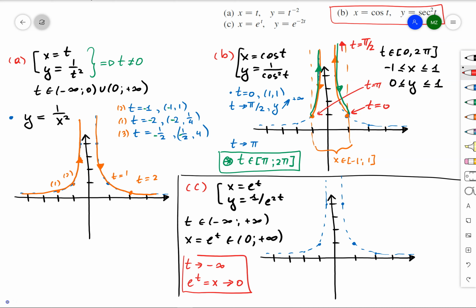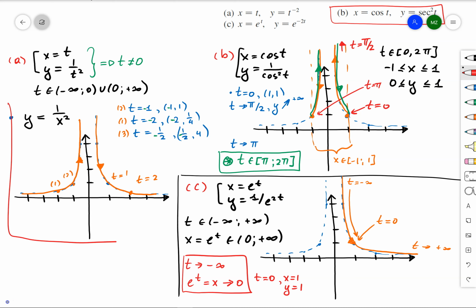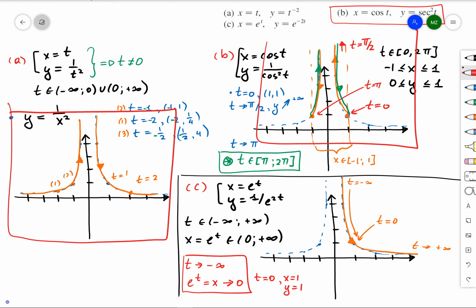And when t approaches negative infinity, then x approaches 0. So when t is equal to 0, we're going to be at point (1, 1), and we're coming from the top along the y-axis. And when t goes to positive infinity, we're going to approach the x-axis.